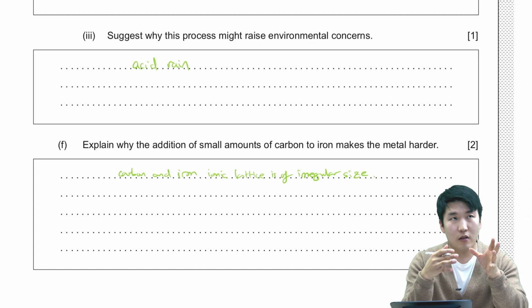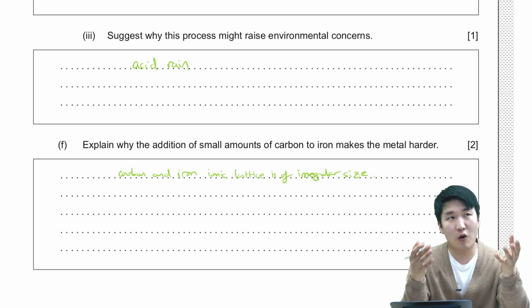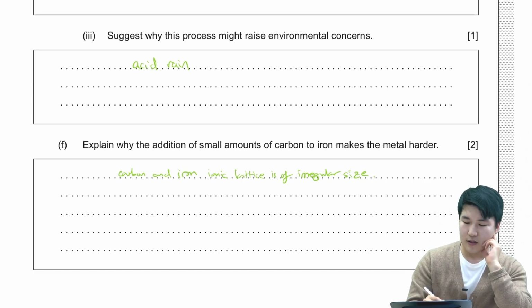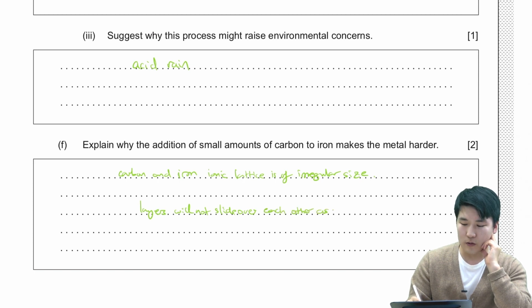The regular arrangement of our metal is disrupted, which means that the layers will not slide over each other as well.